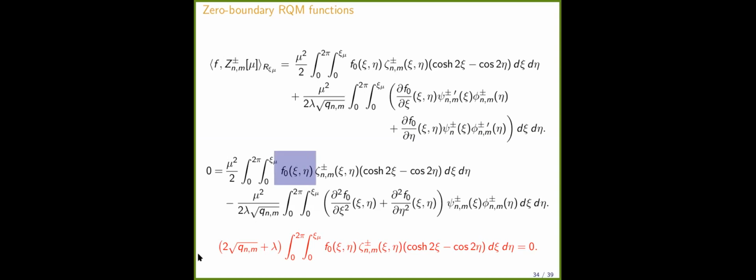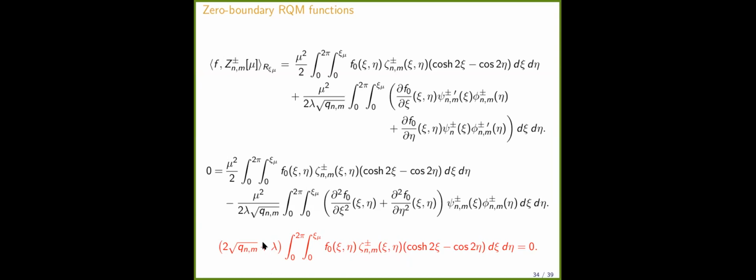Putting them together, everything comes out in an exact way: 2 times the square root of qnm plus lambda times the integral of f naught using this weight function, and there are some steps that I've left out in the derivation, times the classical zetas is equal to 0.